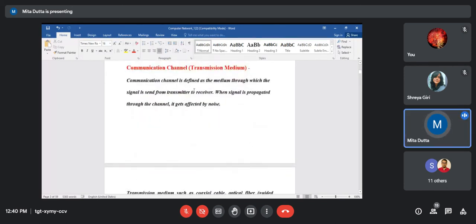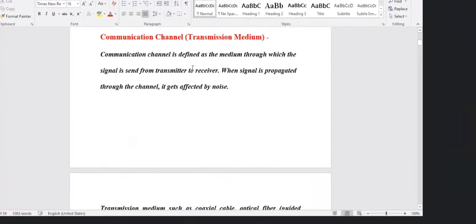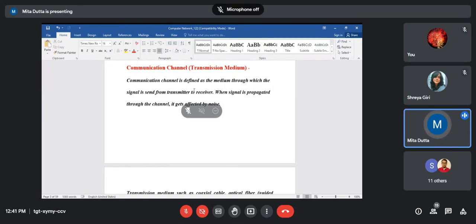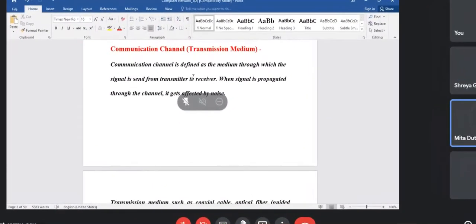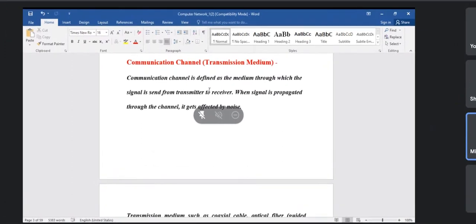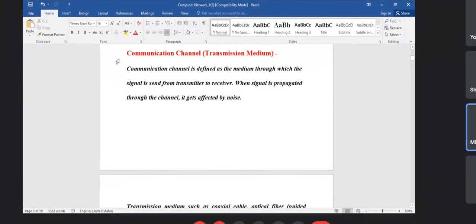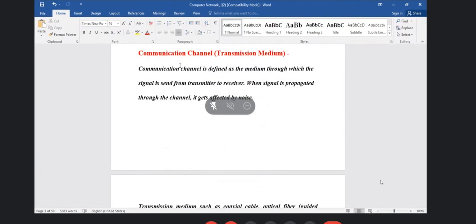Now, a communication channel is a medium through which we send a signal. In this communication channel, we have guided or unguided media. In a guided medium, we can transmit the information through twisted pair cable, coaxial cable, or optical fiber.